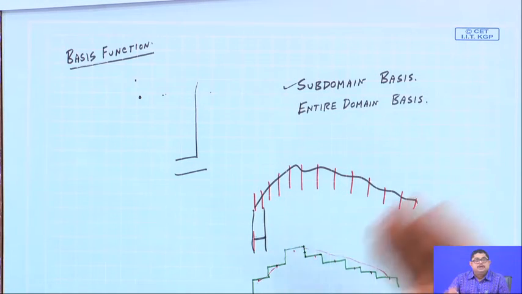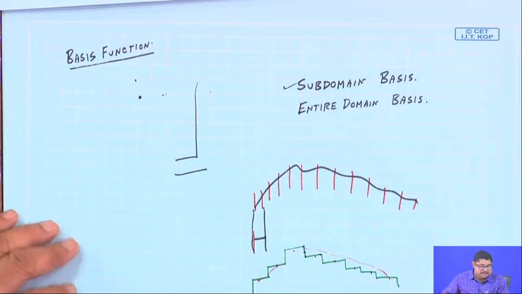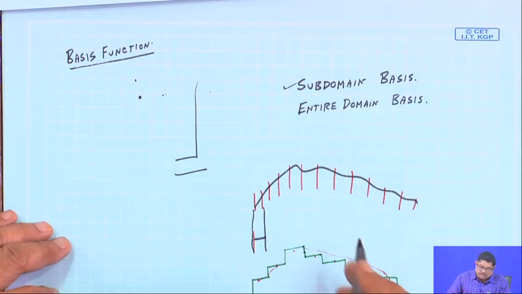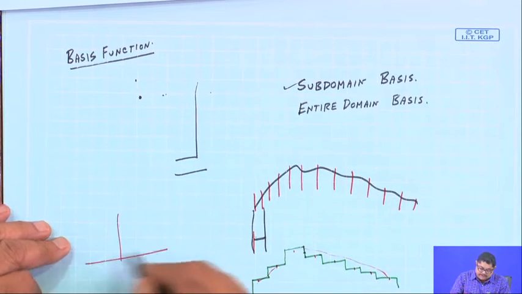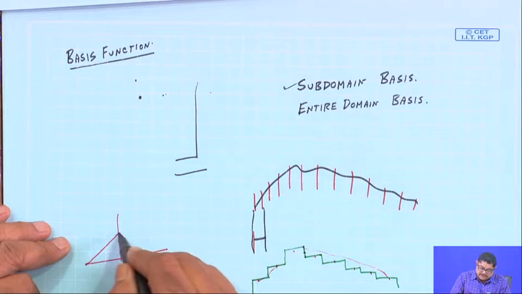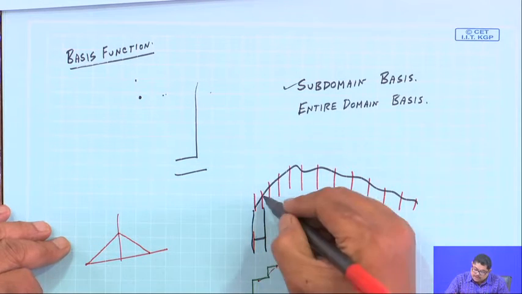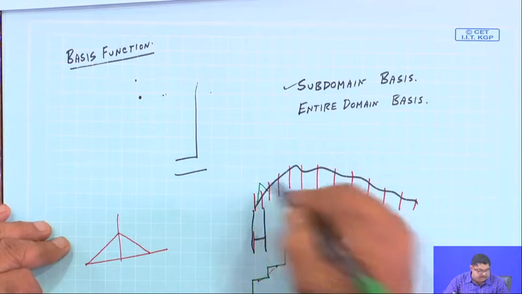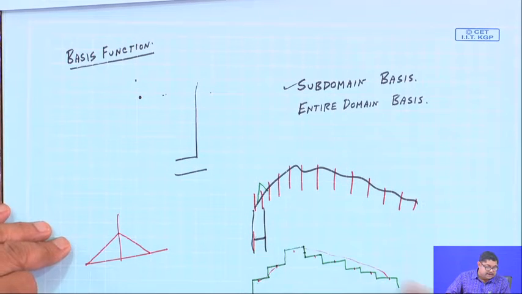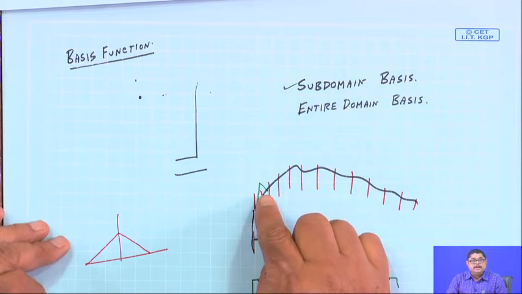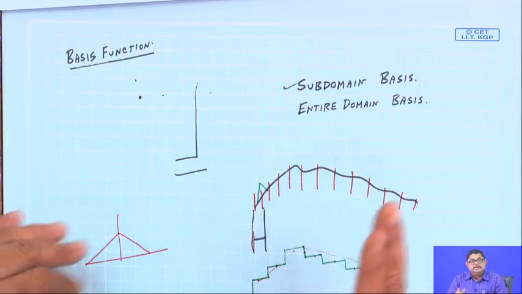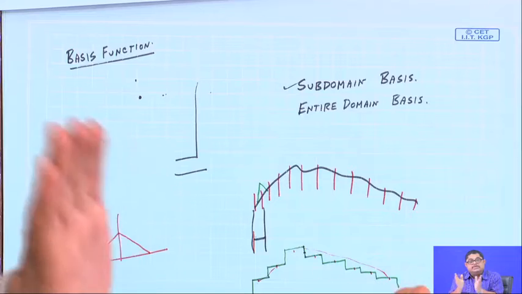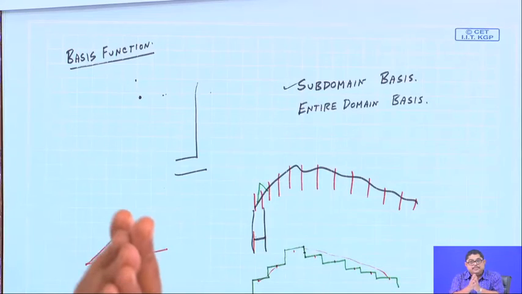Also, people choose piecewise linear. So, piecewise linear means something like this. Actually, the piecewise linear basis function is this. Now, this is a good thing, because piecewise linear means over 2 adjacent domains it has overlapping.